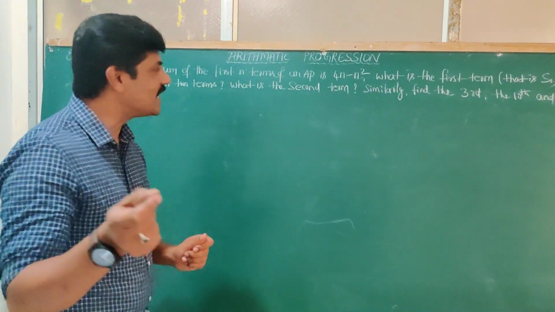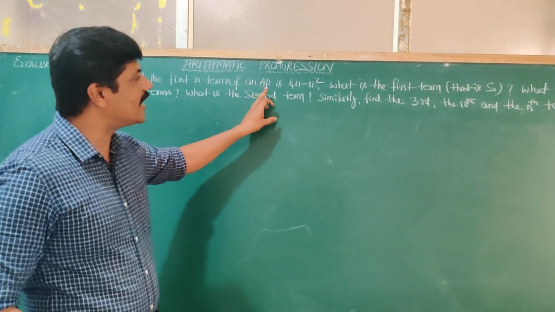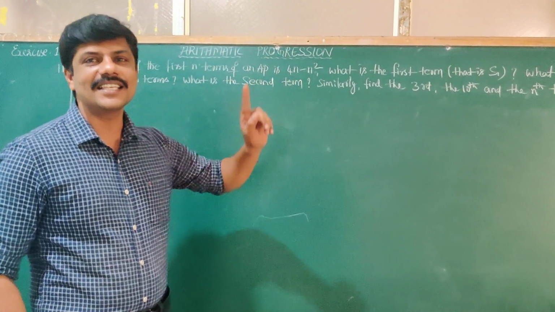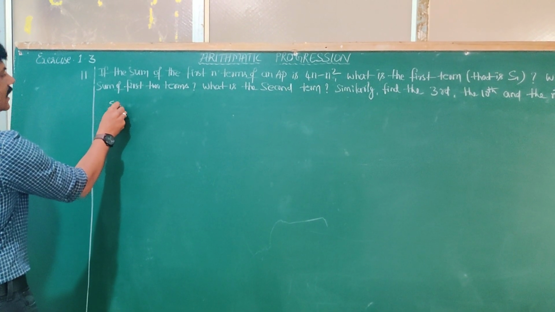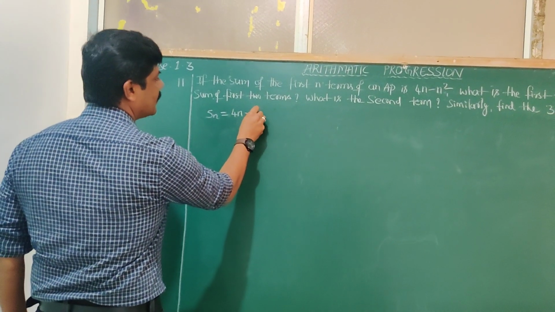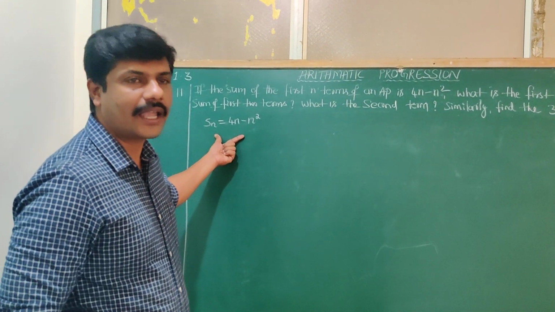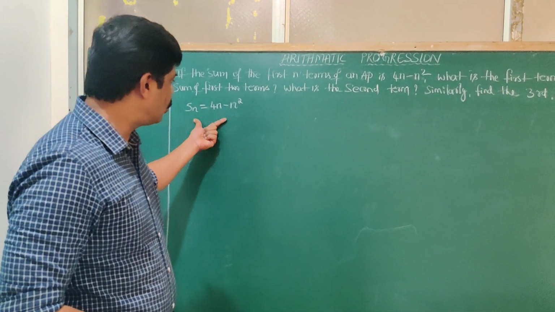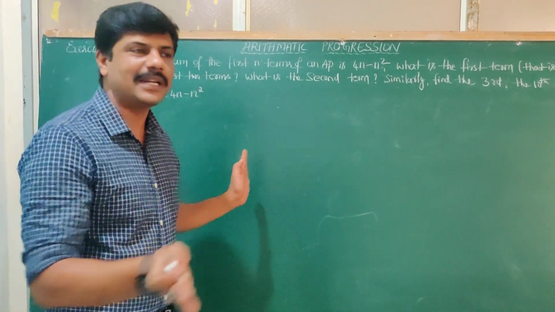The only condition given is that the sum of the first n terms of an AP, Sn, is 4n minus n square. That's all that is given as the condition, okay? With this clue, we need to find many things here.